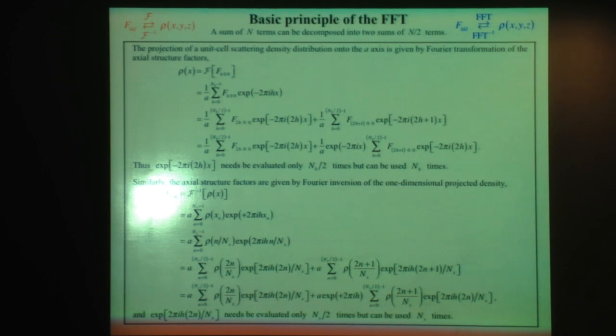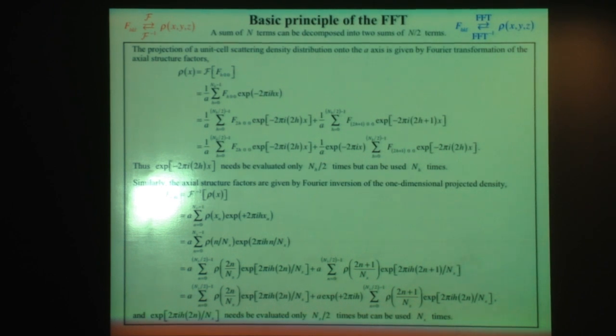And another big advance with respect to the fast Fourier transform is that fast Fourier transforms don't refer only to density and structure factors, but to any of these dual spaces: frequency and time, energy and momentum and position, and so on.